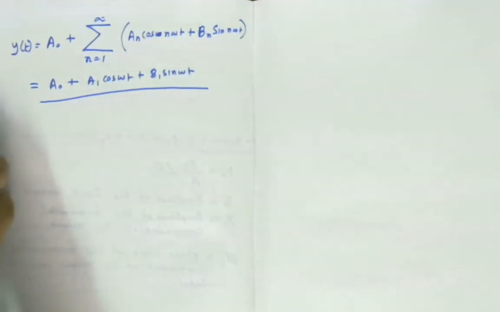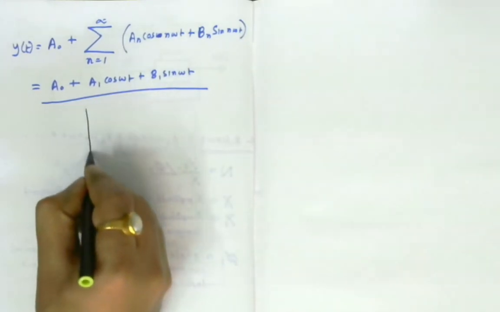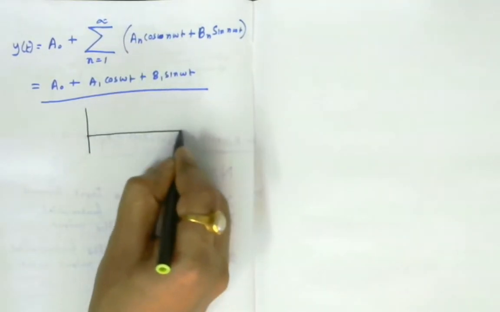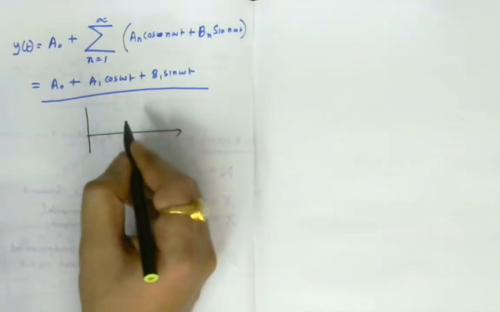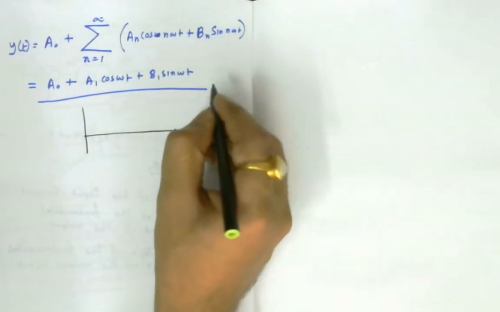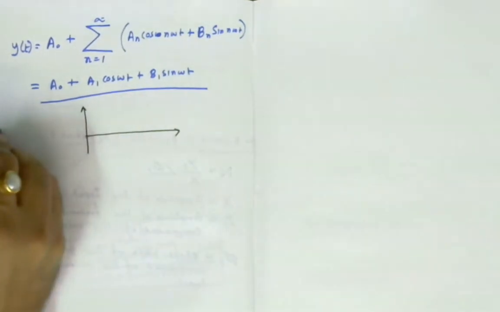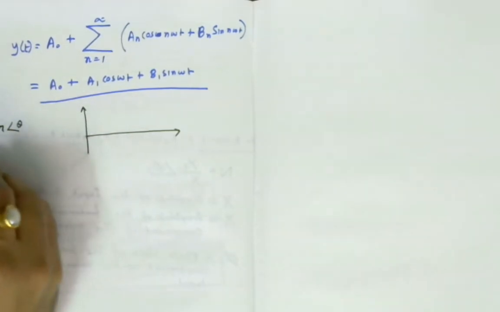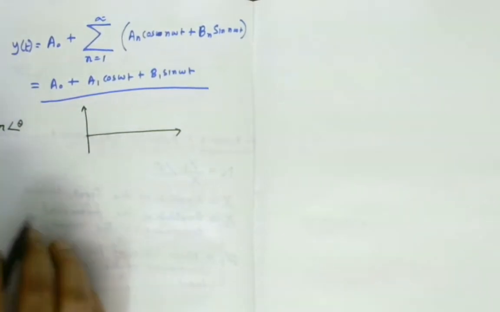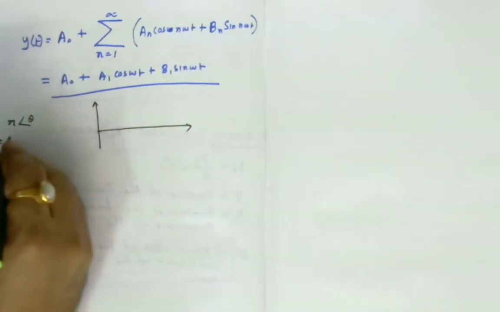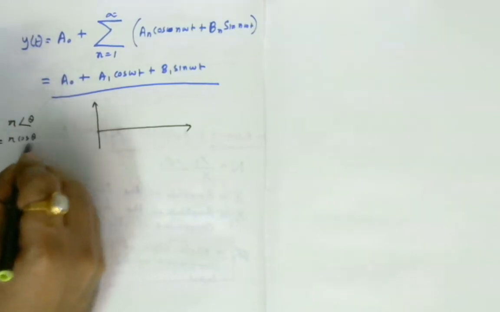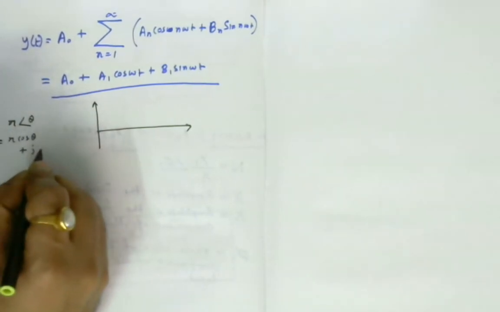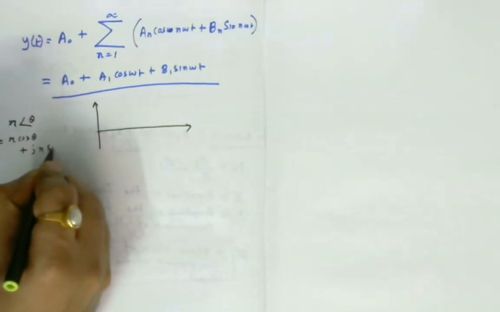Let me draw a figure for your understanding. Say r at the angle of theta. You can break this r at the angle of theta in terms of r cos theta plus j r sin theta.